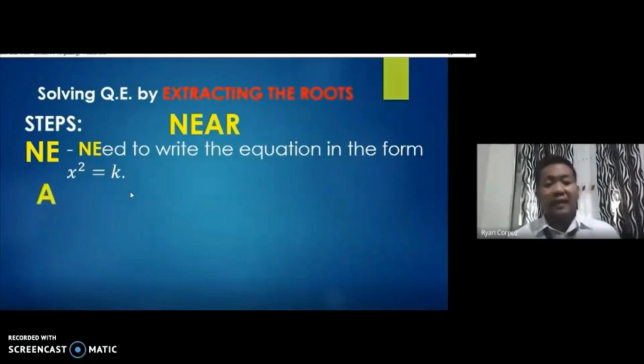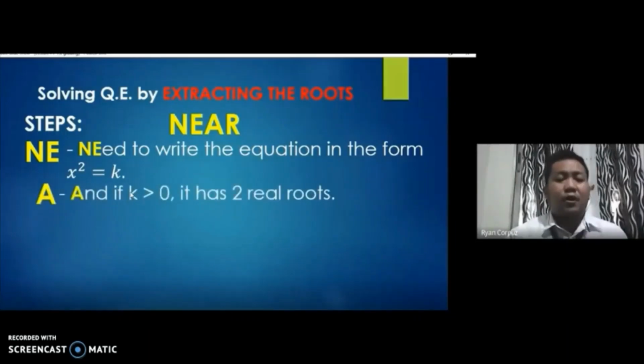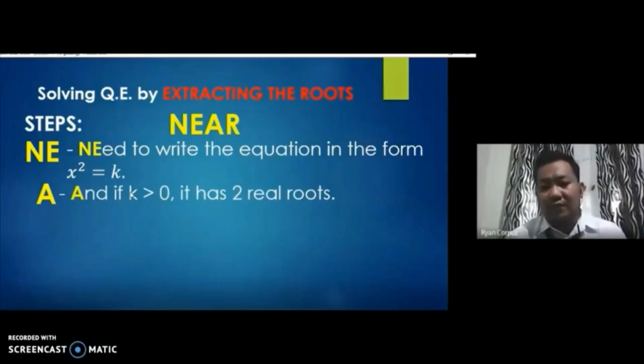Next, A. A stands for: and if k is 0, you can find out right away how many roots a given quadratic equation has.